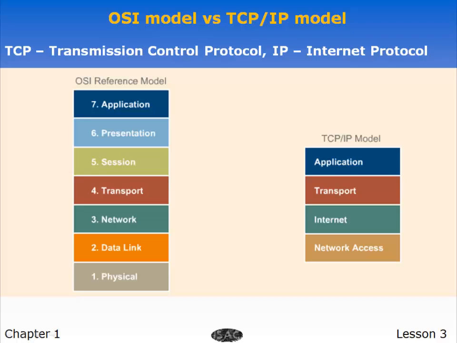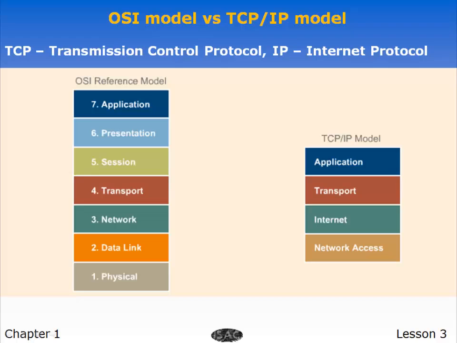On the right hand, we have the TCP/IP model, which consists of 4 layers: network access, internet, transport, and application.